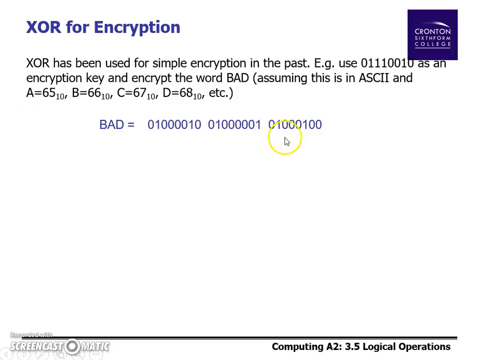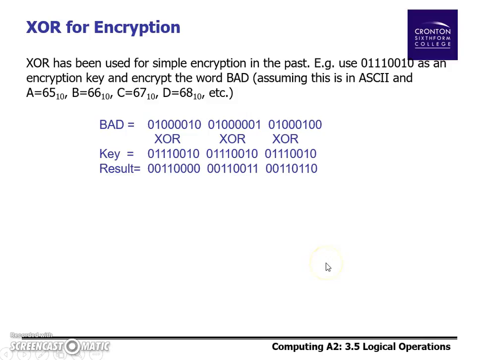Okay, so we've got BAD here. This is how those numbers are represented in binary digits. Okay, so if we want to XOR it with this key here, we would end up with this result because we've got a 0 or a 0 is a 0, 0 or a 1 is a 1, and so on, as you can see all the way down.